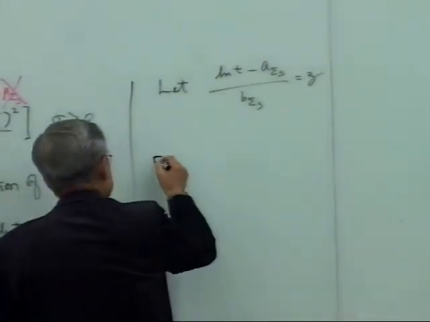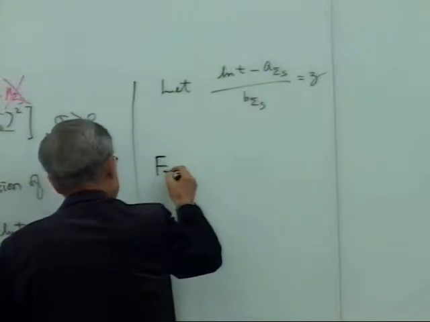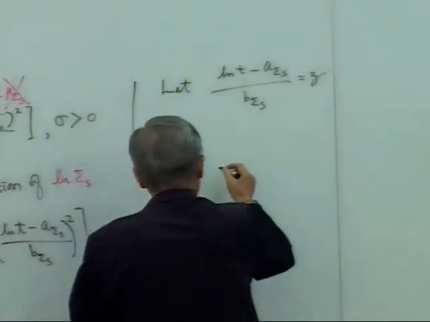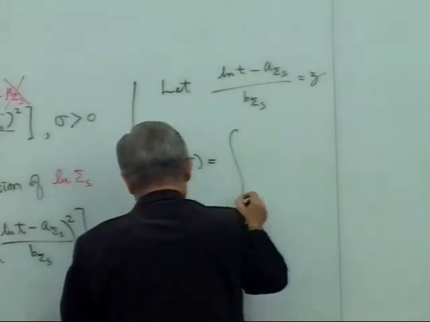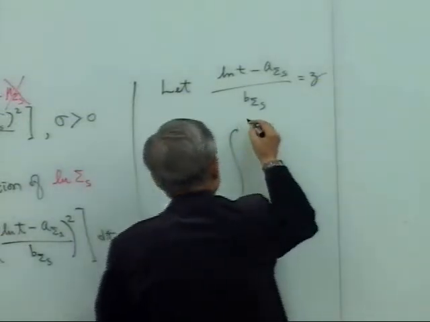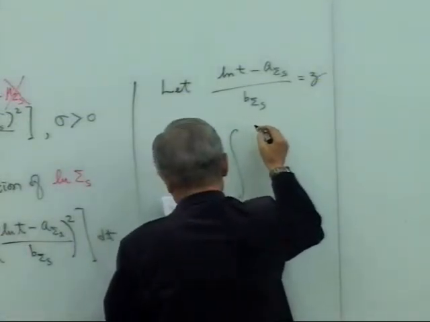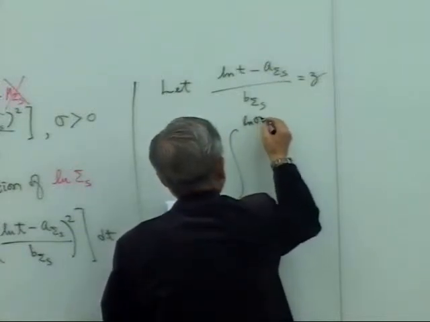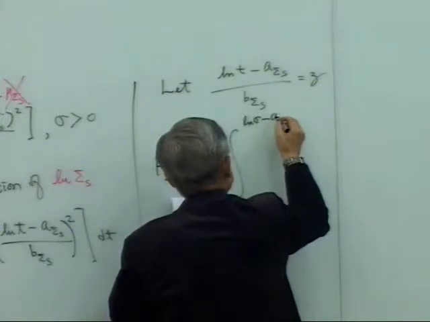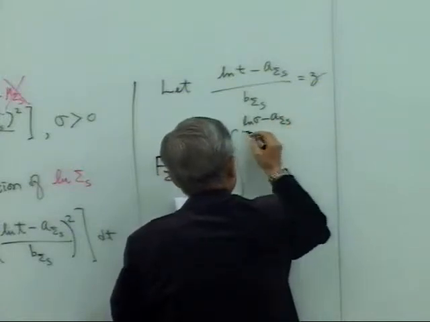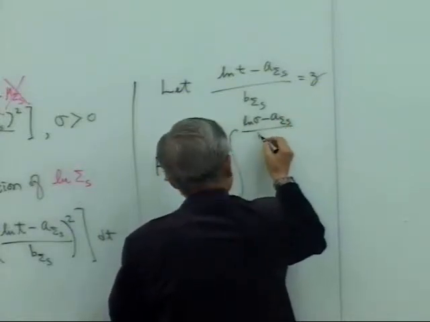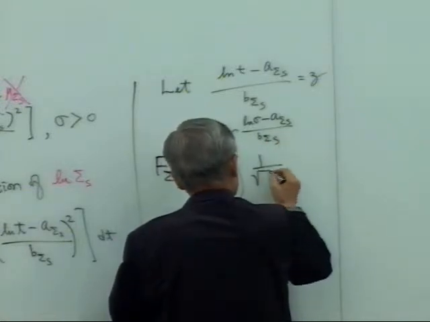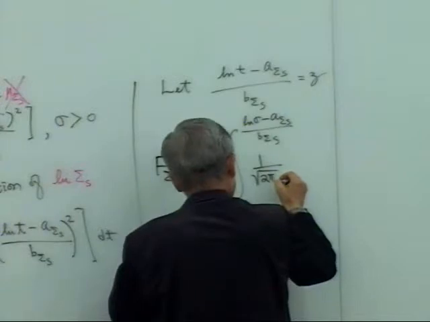So then f of s sigma is the integration from 0 to ln sigma minus a sigma s over b sigma s, of 1 over root 2 pi.